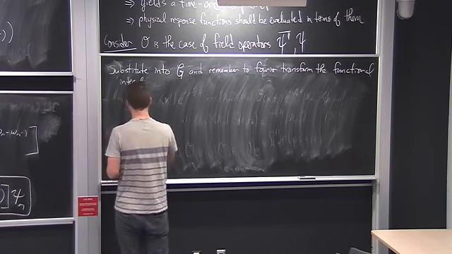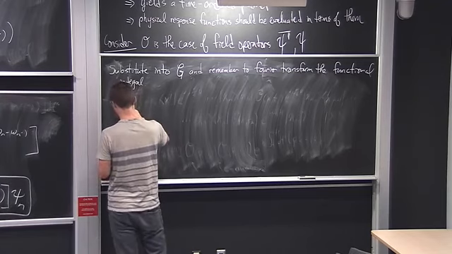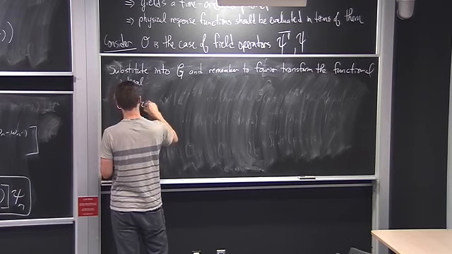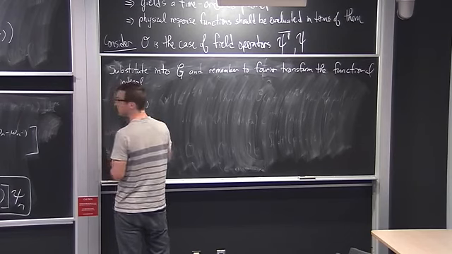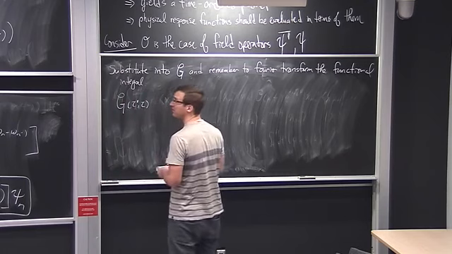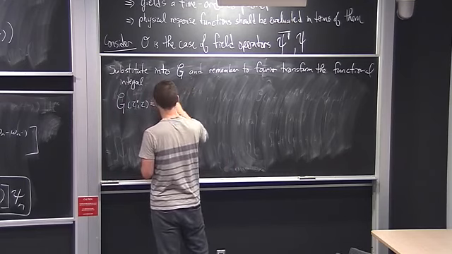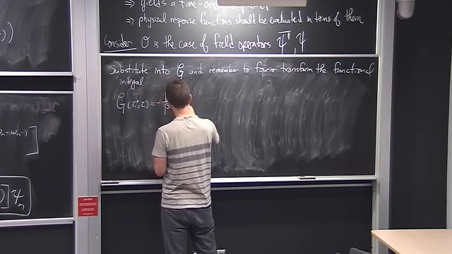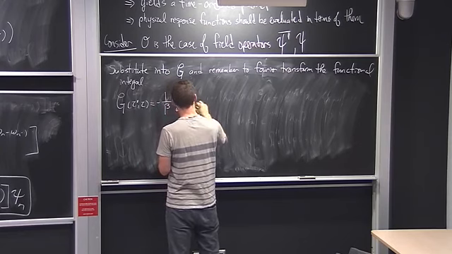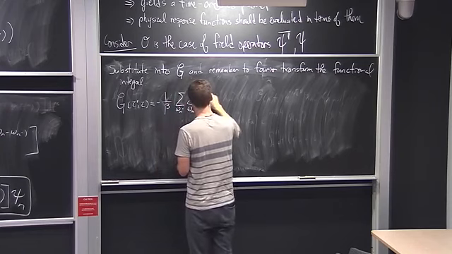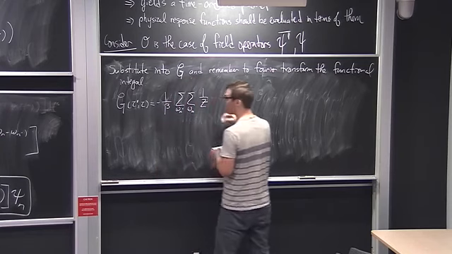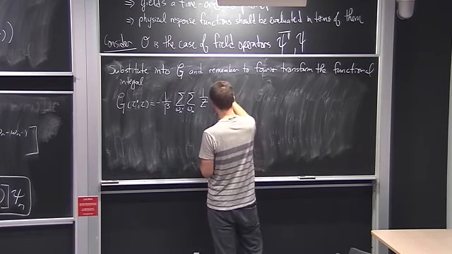So to make a long story short, remember we're still calculating the same object as over there. I'll just put the tau labels on it. But now I have these frequency sums, one for the field, one for its conjugate. I have the partition function, which we'll just leave as arbitrary.